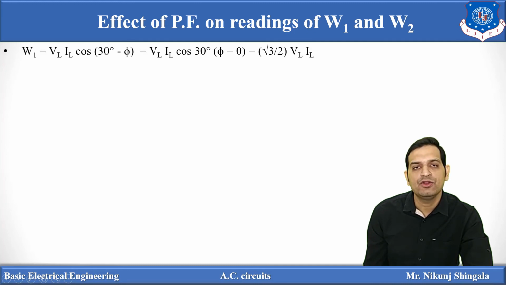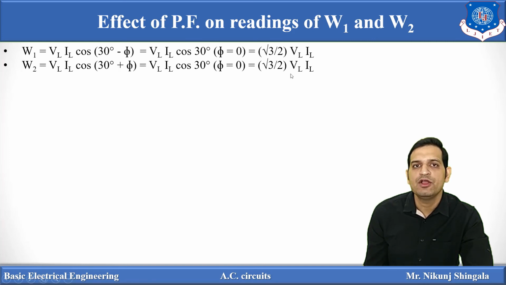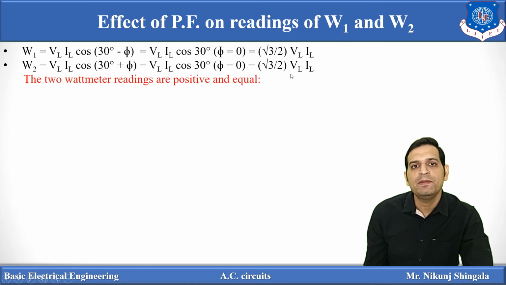Now take phi as 0, that is, the equation of W1 is VL IL cos(30 minus phi). If phi is 0, that is, the power factor is unity, then the reading of W1 will be root 3 by 2 VL IL, and the reading of W2 will also be root 3 by 2 VL IL. So the two wattmeter readings are positive and equal if the power factor is unity.